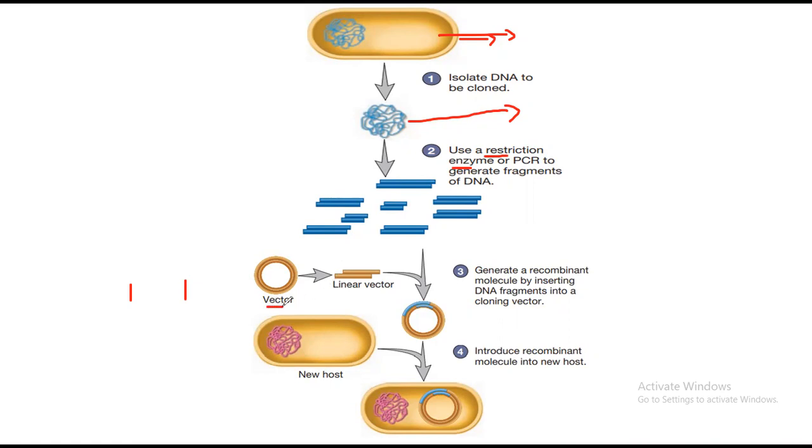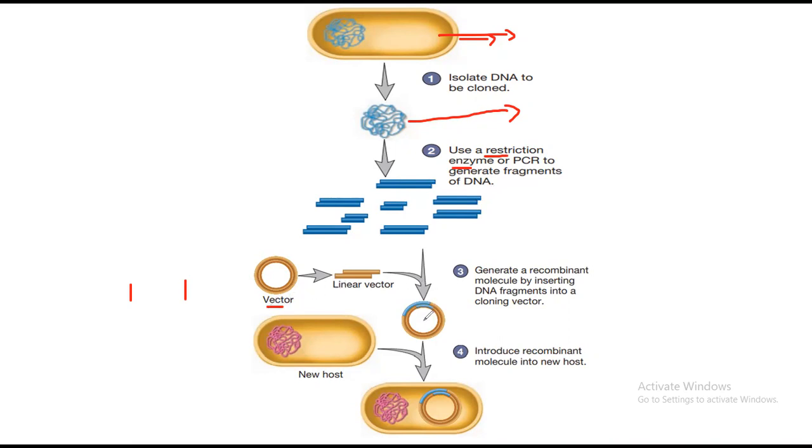That vector is basically a plasmid, because plasmids are extrachromosomal DNA components that are actively dividing. So we place our gene of interest into the plasmid, which is also known as a vector.